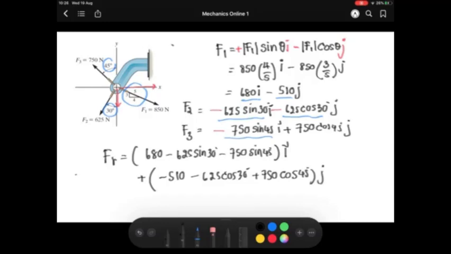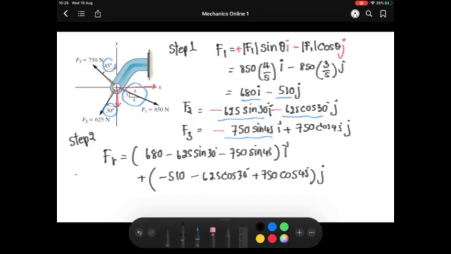Don't forget that this is step number 1 and this is step number 2. After this, use your calculator properly to find the numbers.